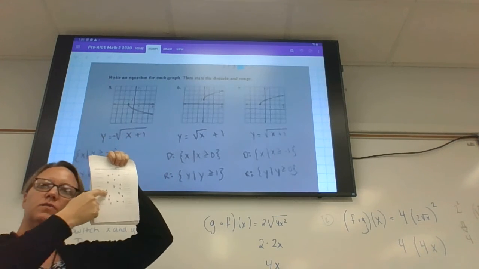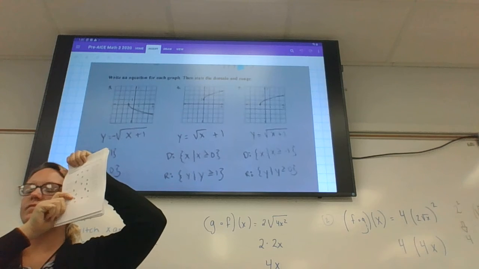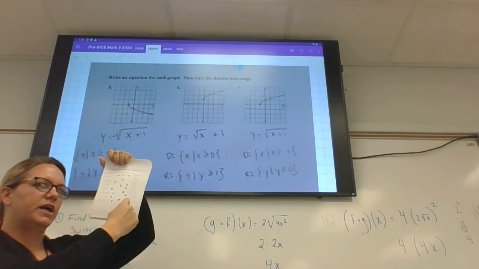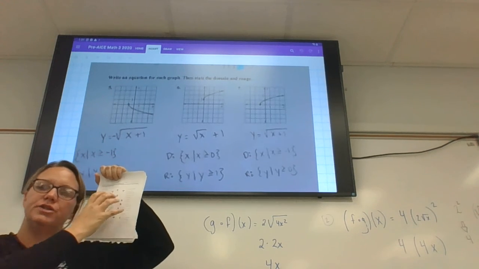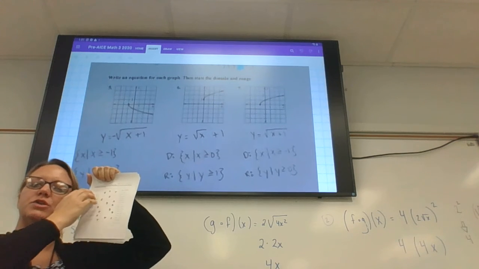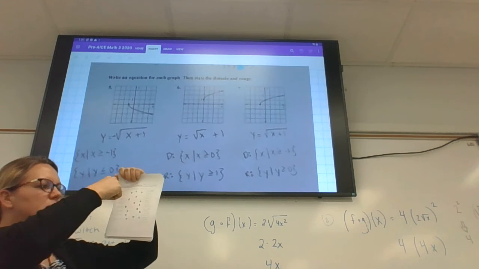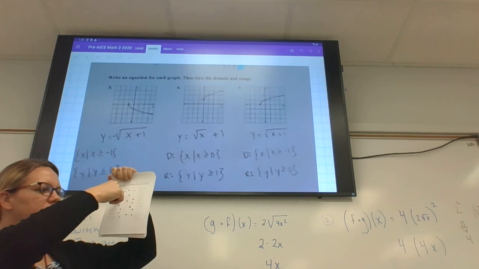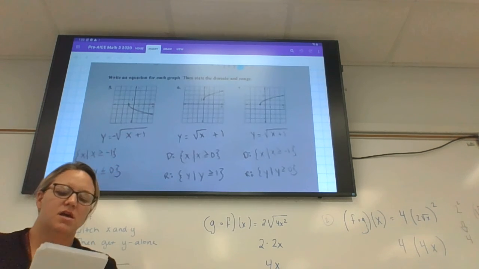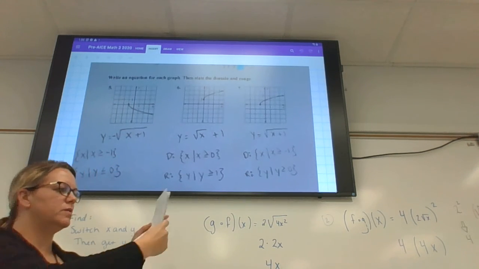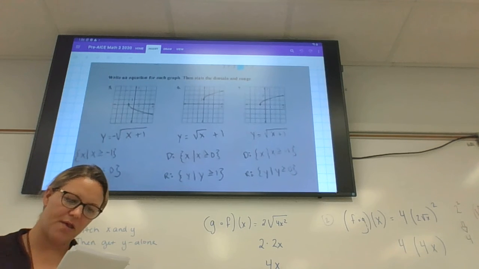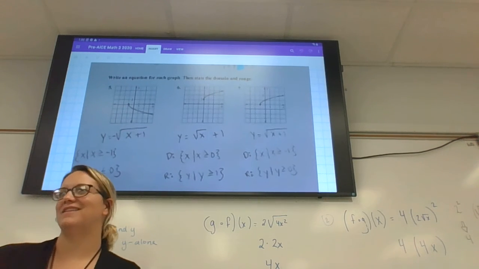You're switching x and y and getting y alone. The answers are here. So you use a straight edge. Maybe you have a ruler. Maybe you use the edge of a book or a folder. You draw a line from the number to the answer. And then the letters you go through, you put in the top, and it's a riddle.